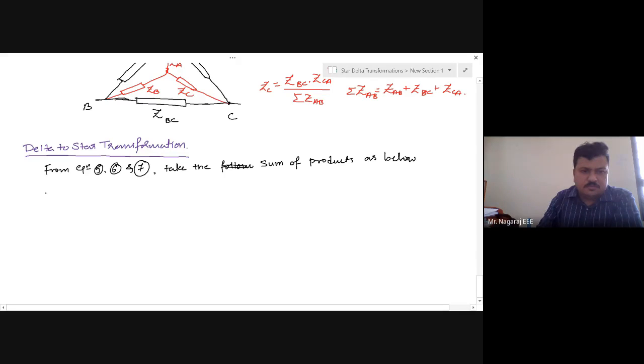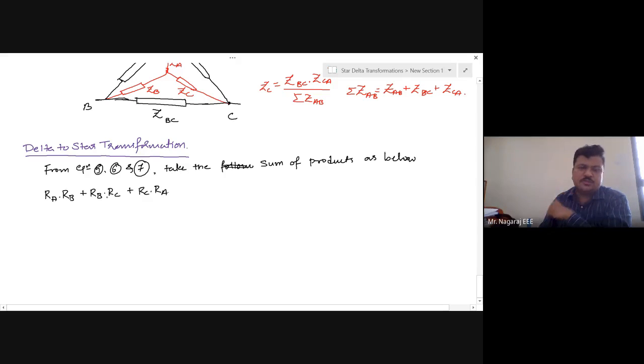RA into RB, it is not RAB, RA into RB plus RB into RC plus RC into RA. Now I should take the sum of products as given: RA into RB plus RB into RC plus RC into RA. So what will be the RHS?